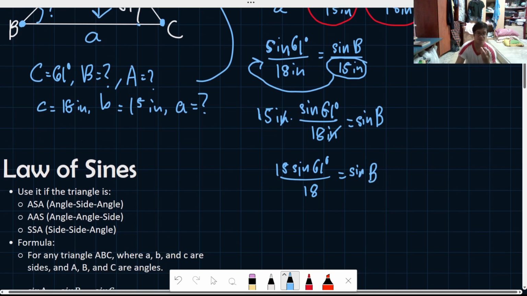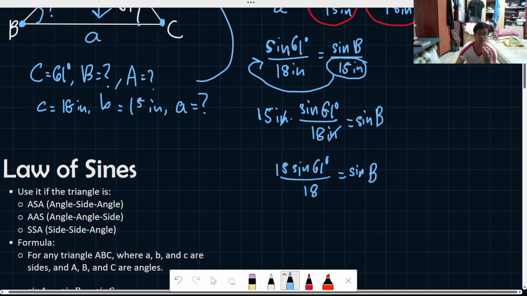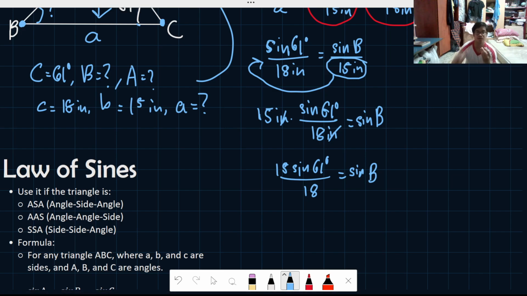Now, since we're looking for capital B, and it is in a sine function, we're going to use the inverse sine function. For us to find the angle B, we will use inverse sine on both sides.